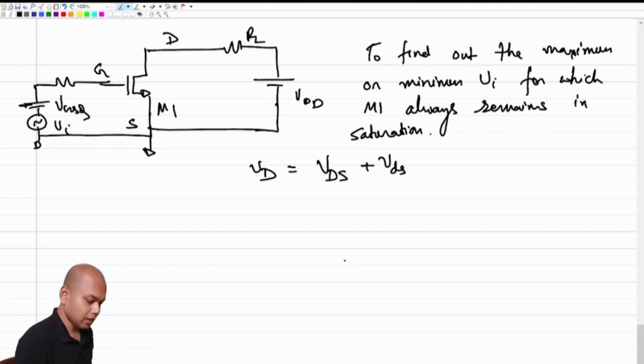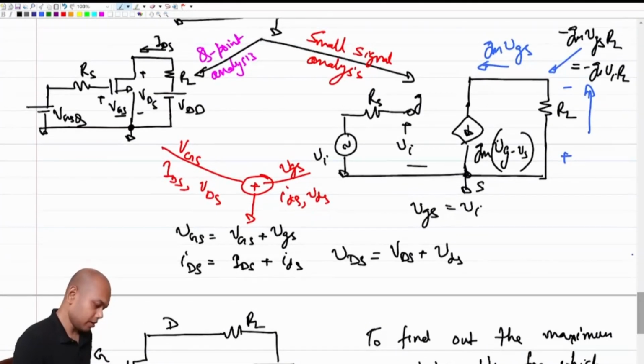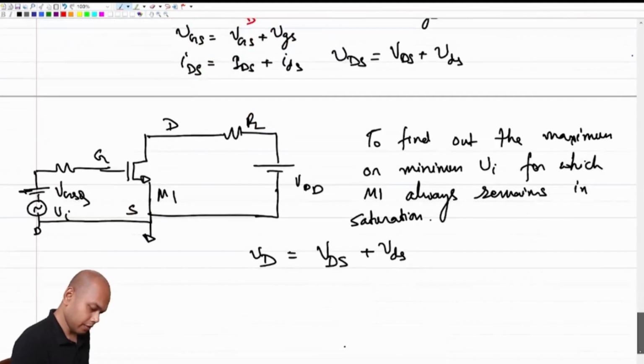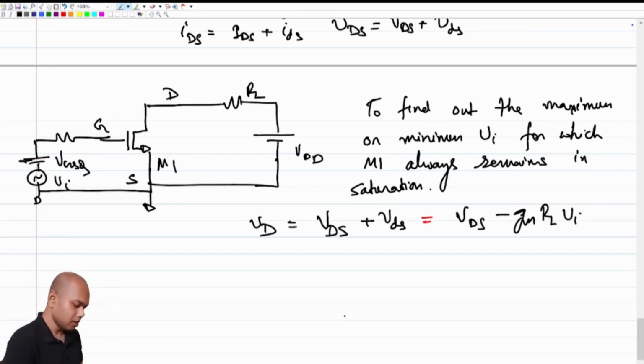What is small vds? Small vds is minus Gm times Vi times RL. So this is the small vds or incremental VDS. So this becomes VDSQ minus Gm times RL times Vi.